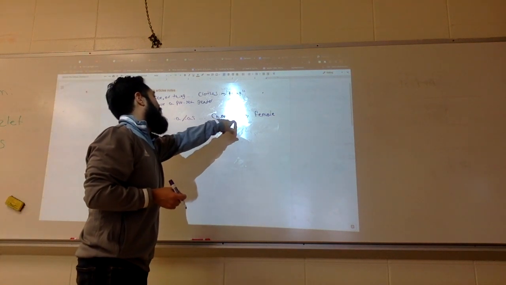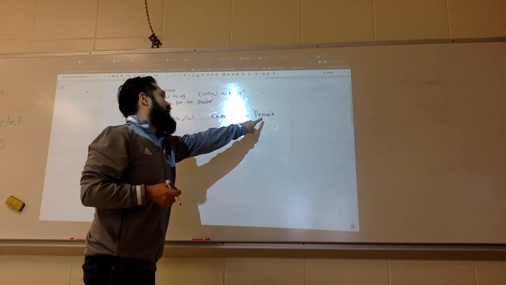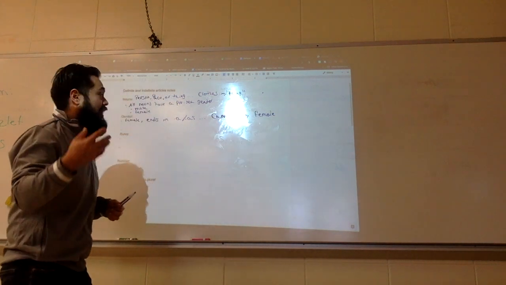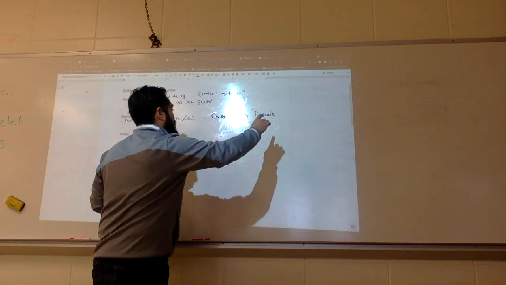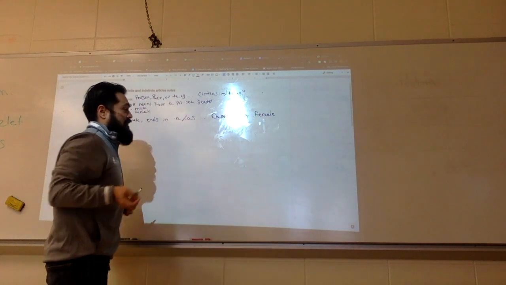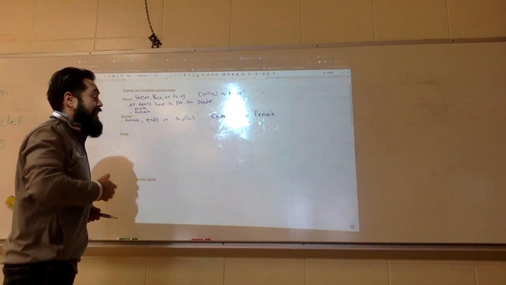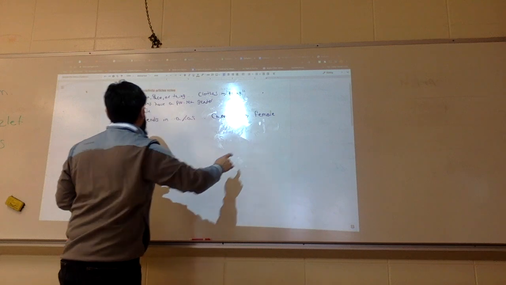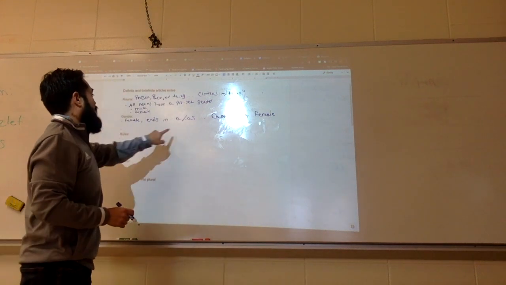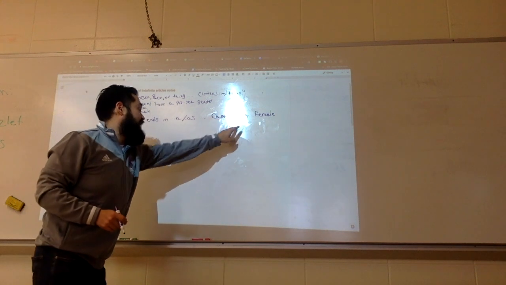It is a shirt. In Spanish it ends with an A, therefore it's female. If you are a girl and you wear a shirt, it's female. If you are a boy and you wear a shirt, the shirt is still female. It doesn't mean that a boy is wearing a girl's shirt. That's not how it works. What it means is it's just a shirt that is female. Okay? So if we see a noun and it ends in one of these two, female.